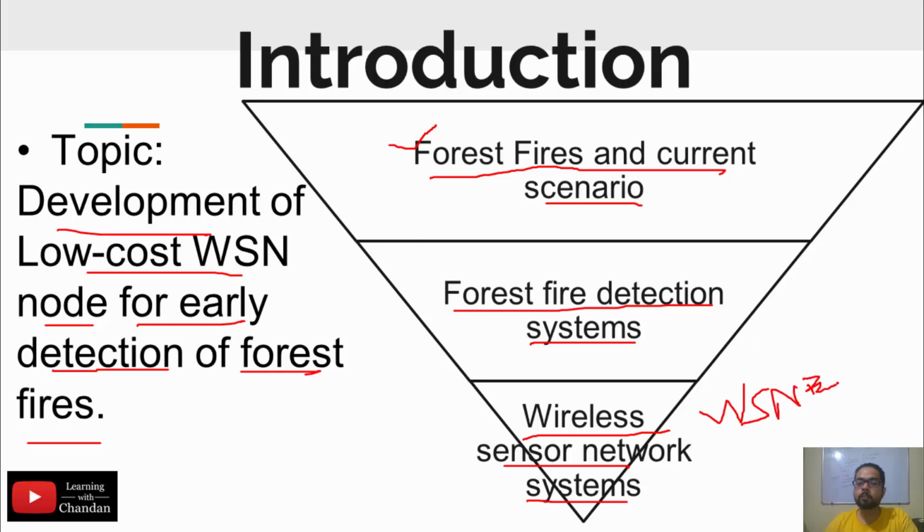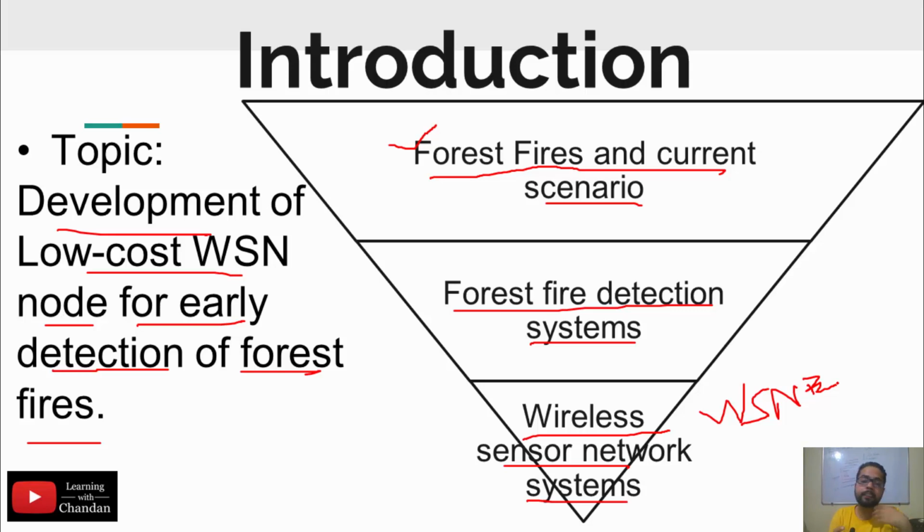Right? Fine. See how we started with a very broad thing. We started with forest fires, which are present all over the country, right? We talked about where they are now, what is happening as of now. Done. First we got the bigger perspective. Then we shortened that perspective to talk about the detection systems.